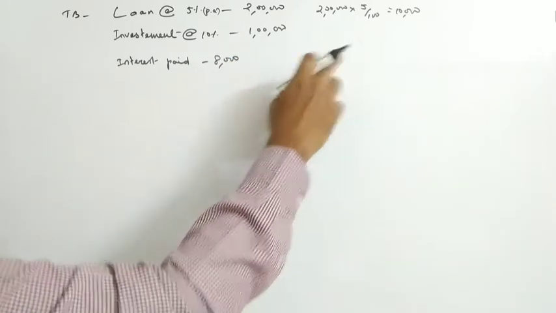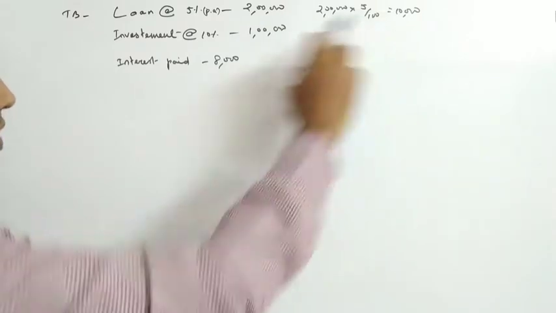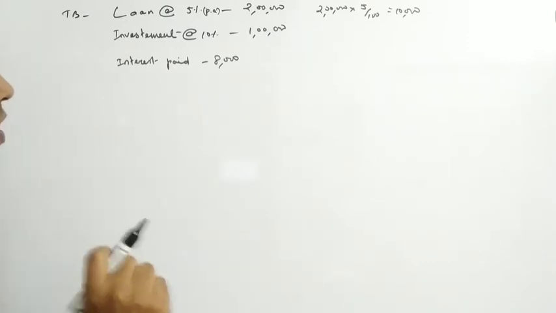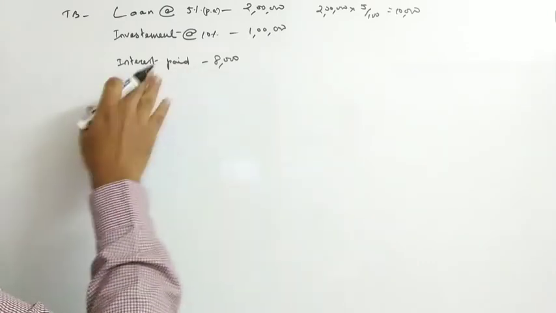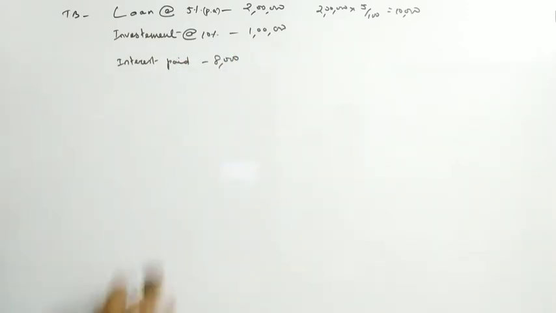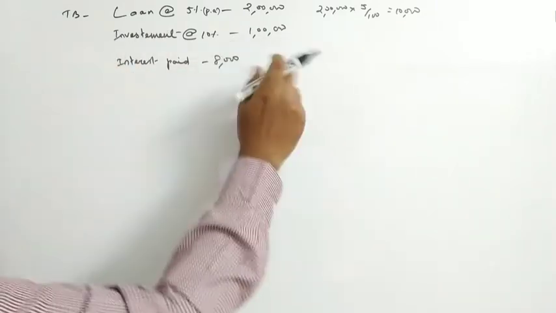So it is understood that 2,000 is the outstanding amount that is yet to be paid. That's why I have told you that there is a hidden adjustment, because there won't be any instruction on adjustment.